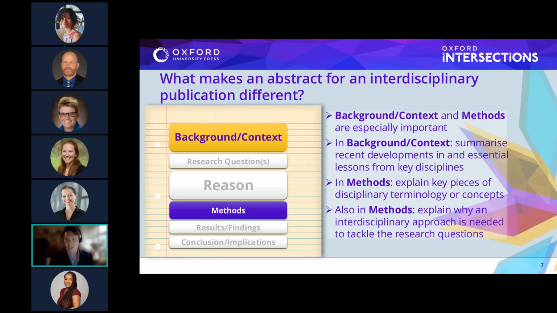I don't really have a better way of putting it than that, but my advice is to do that in those two sections I've highlighted, the background context section right at the top, and then the method section near the bottom. That's really where you need to explain why the interdisciplinary approach is necessary and why this is really the only way of appropriately tackling the problem at hand and answering the question.